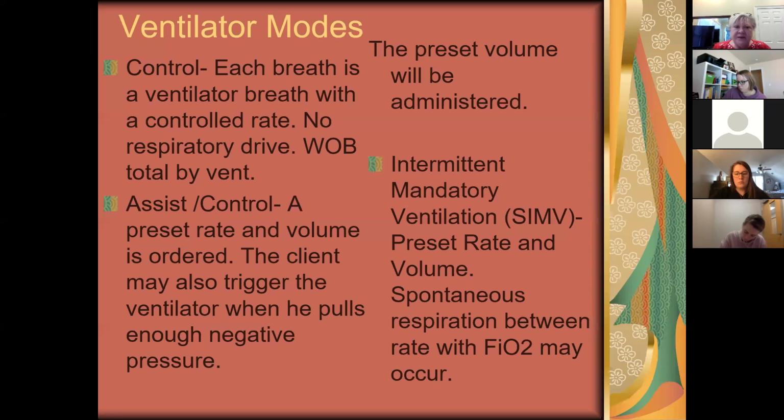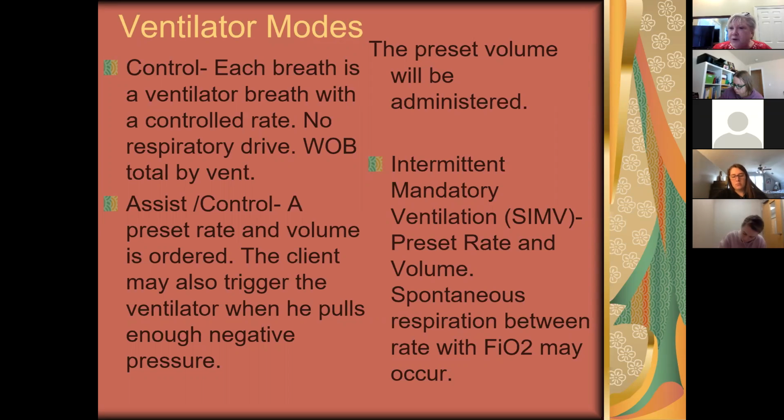The FiO2 is the percent of inspired oxygen, the amount of oxygen you're going to give the patient. For example, the FiO2 that I breathe in this room is 21%. The FiO2 in your room is 21%. Room air is 21%. FiO2 is the percent of oxygen that the patient is going to be given. Right? And the tidal volume, the volume.